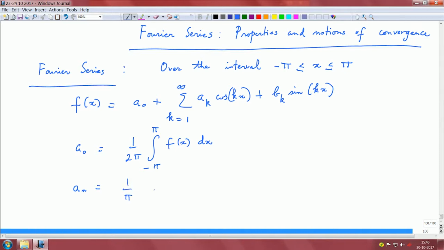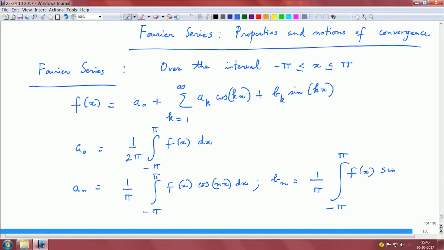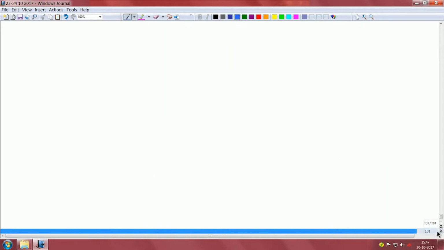A n is given by 1 upon pi integral minus pi to plus pi f of x cos n x dx, and b n is basically the inner product of f of x with sin n x, and the a i's and b i's are the Fourier coefficients. Now, let us delve a little carefully.